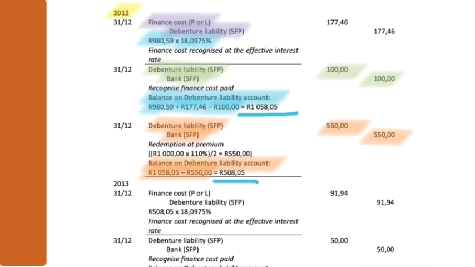Now, if we are at the end of 2012, our balance is 508 Rand and 5 cents. Is this current or non-current? Well, the entire balance, everything that's in there, will be repaid within the next 12 months because we know this debenture matures in full. Final maturity happens at the end of 2013.